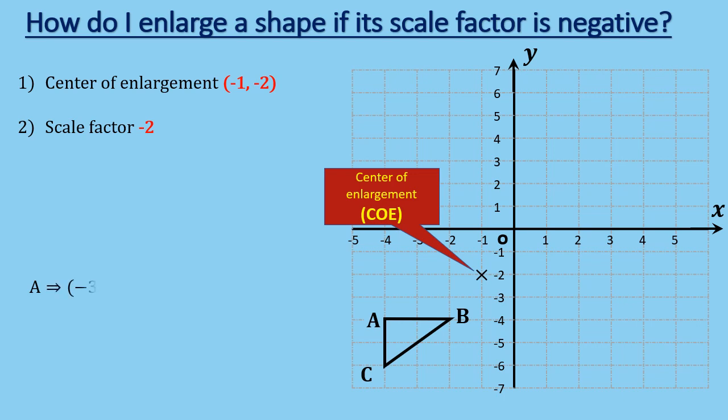Vertex A will be -3 and -2, as we moved 3 units to the left and 2 units down. Vertex B will be -1 and -2. Vertex C will be -3 and -4.